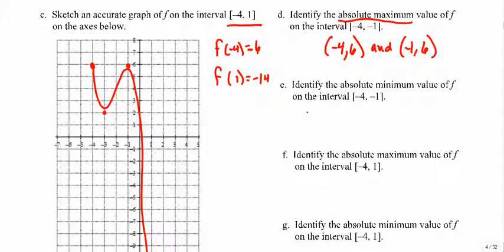Now over here on C, it says identify the absolute minimum. I have a relative minimum at -3, 2, but the graph goes all the way down to -14 when it's at 1. So that becomes my absolute minimum, 1 and -14.